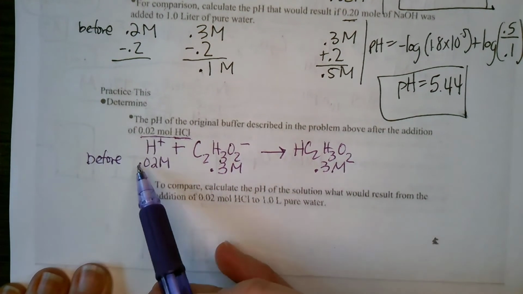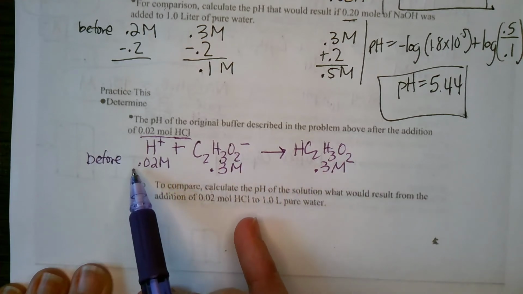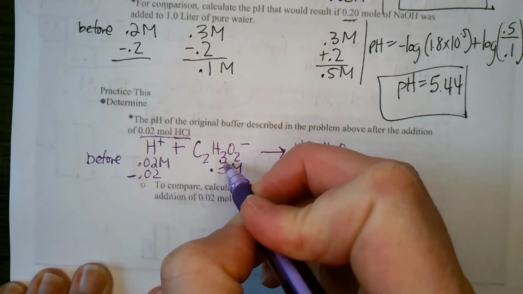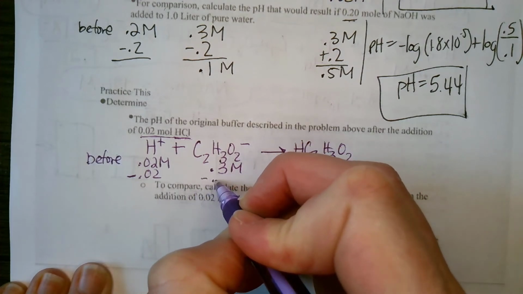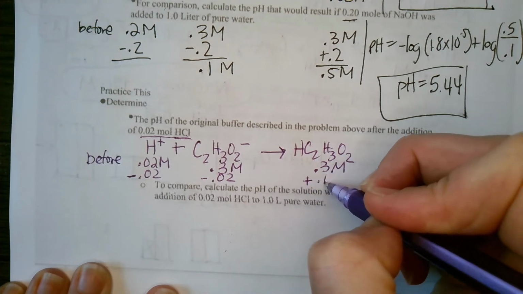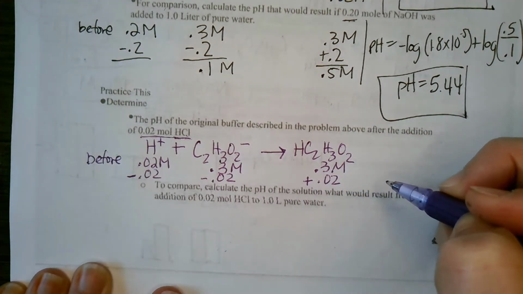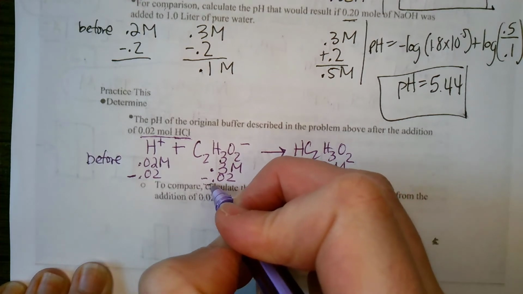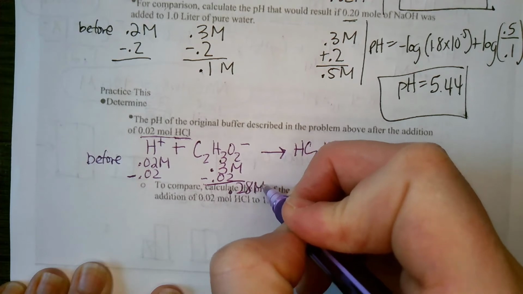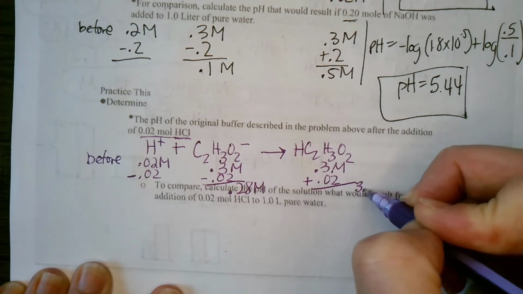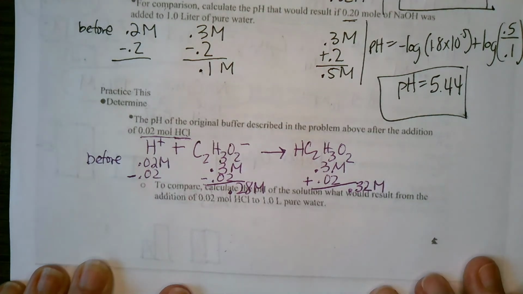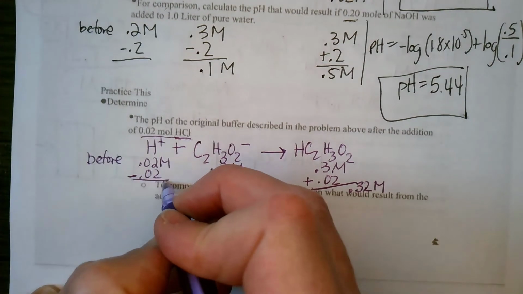And we are all in a 1:1:1 ratio, so we're going to consume our H plus first, so minus 0.02, and we'll consume our acetate, minus 0.02, which means we'll produce plus 0.02 for our acid. Now this gives us 0.28, and this gives us 0.32.